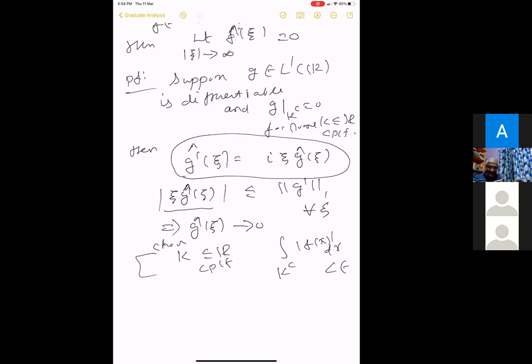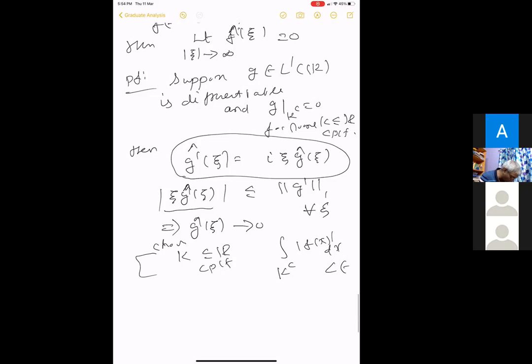Now on K, you take e to the power minus x squared, and then you smoothly take it to 0; after some small interval, you make it 0. That function you call chi. Then you multiply chi with this g, and that will approximate f up to epsilon.